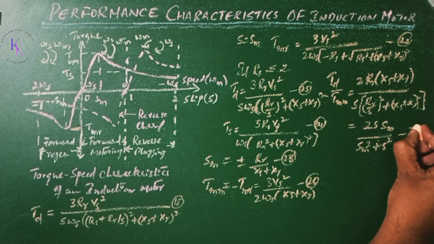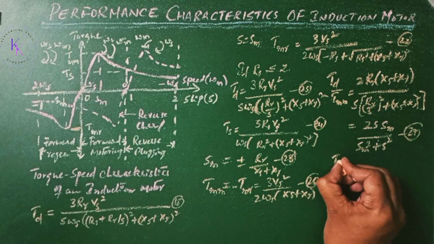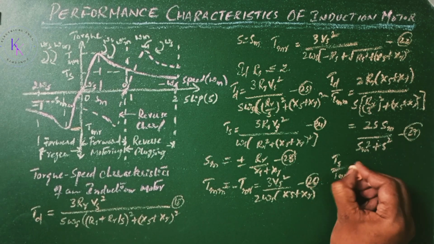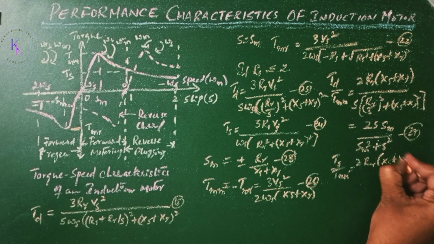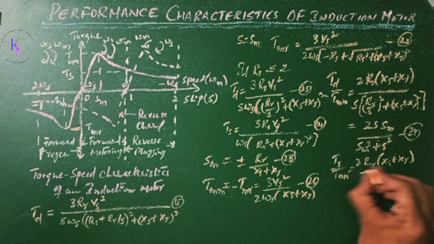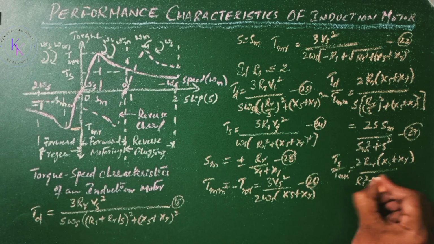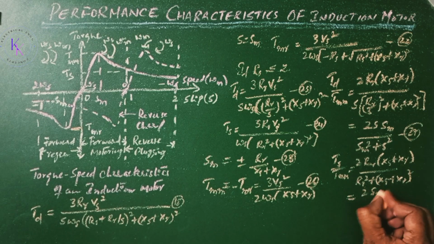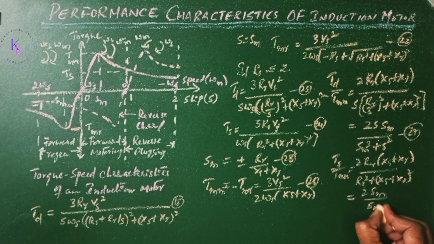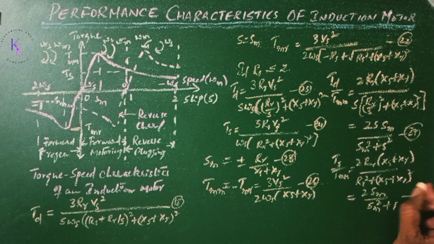Let this be equation number 27. And Ts by Tmm is equal to 2 Rr (Xs plus Xr) divided by (Rr square plus (Xs plus Xr) square), which equals 2 Sm divided by (Sm square plus 1). Let this be the 28th equation.